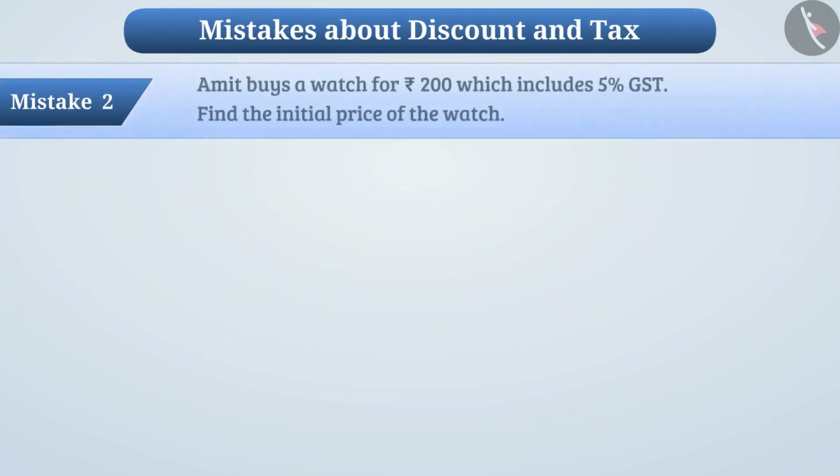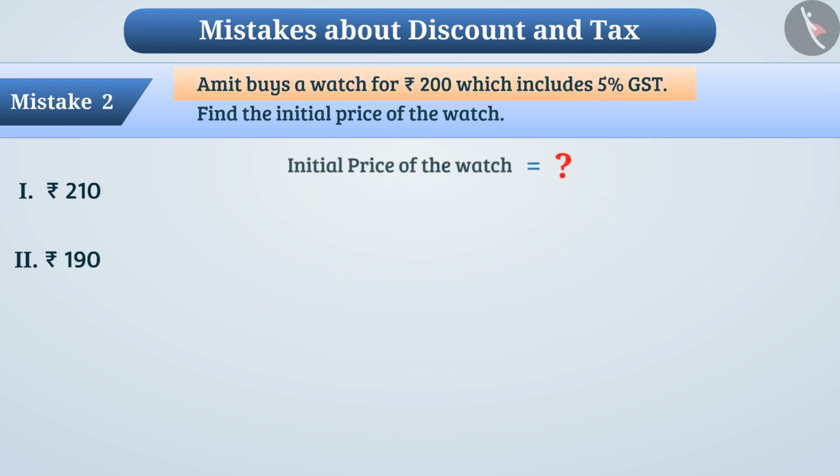Mistake 2. Amit buys a watch for rupees 200 which includes 5% GST. Find the initial price of the watch. Some children ignore the information given in the question, which makes it difficult for them to understand the question. They do not understand why the word includes is used in the question.